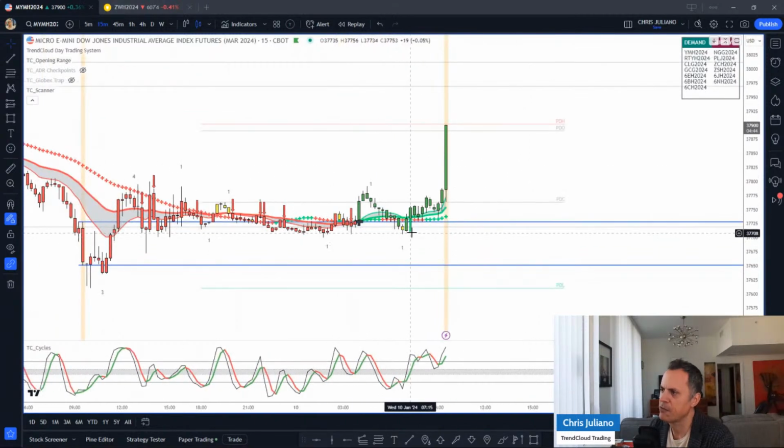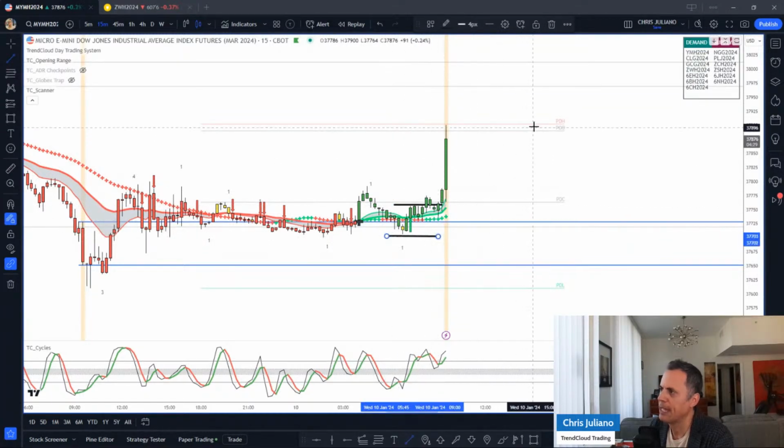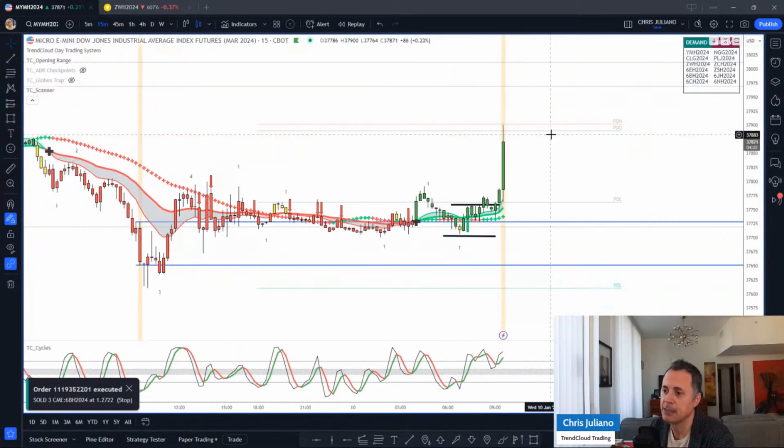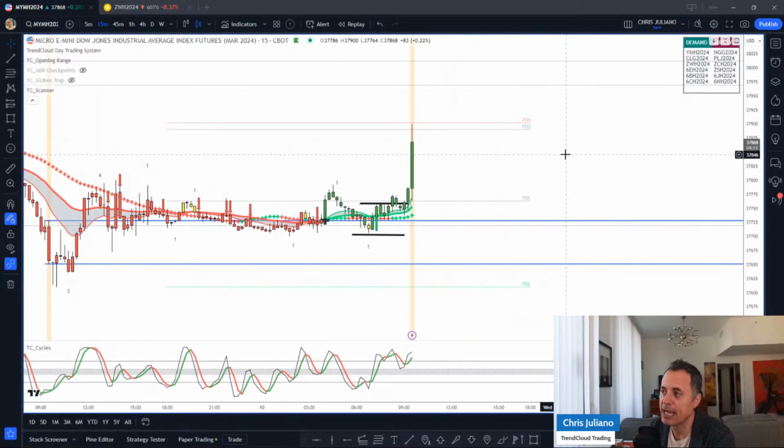TrendCloud was the better signal. Right here on the 15-minute chart, we get a really nice signal right here. Here's your stop loss. And how about these targets, right? How about this for a target? That's actually inside, stopped out on the British pound. Deep pullback, didn't work out, right?